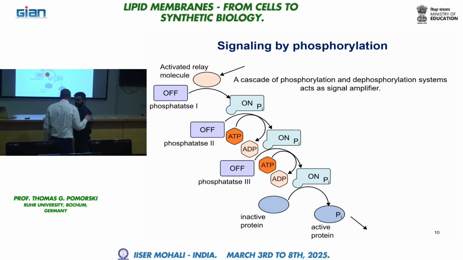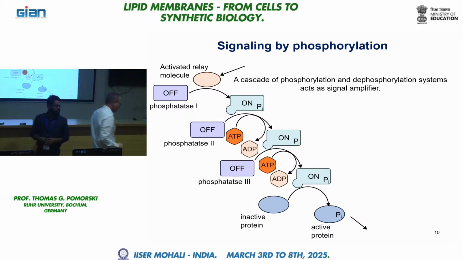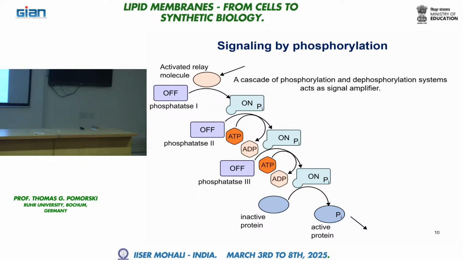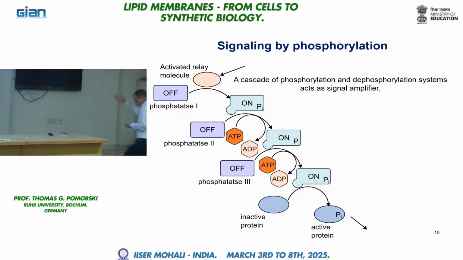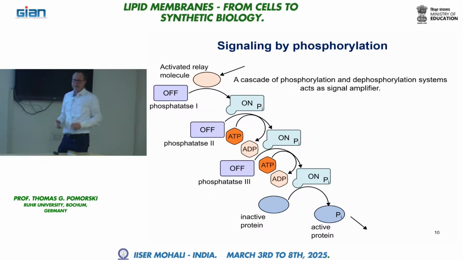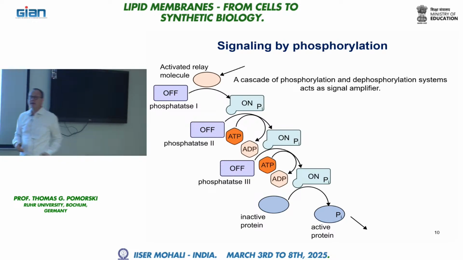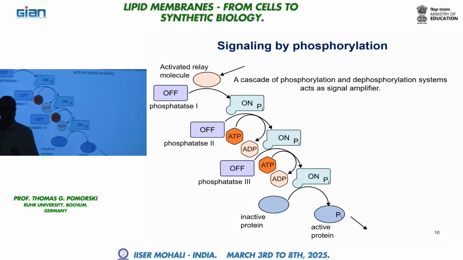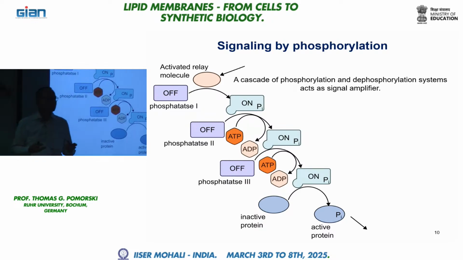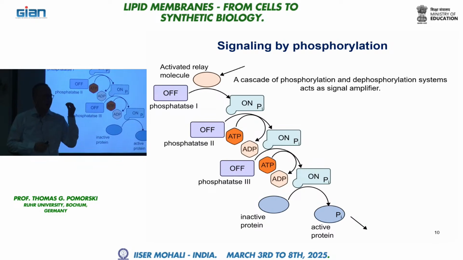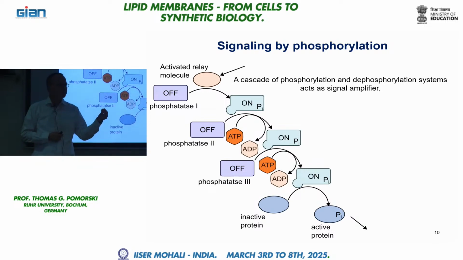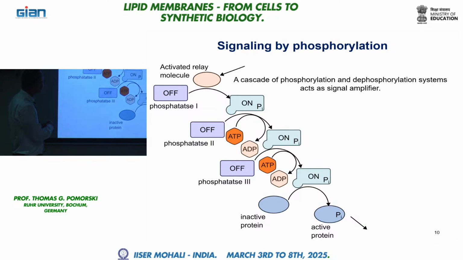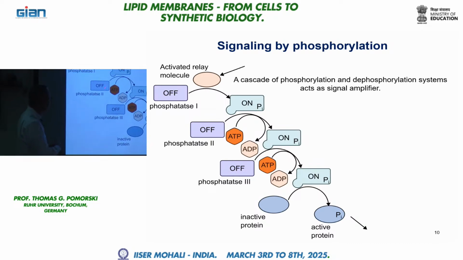The question was, Thomas, can this be in an exponential pattern? In principle, yes, because it's determined by the number. We have here a number of people that can actually do nice modeling. You could say, okay, I have 10 copies of this molecule.